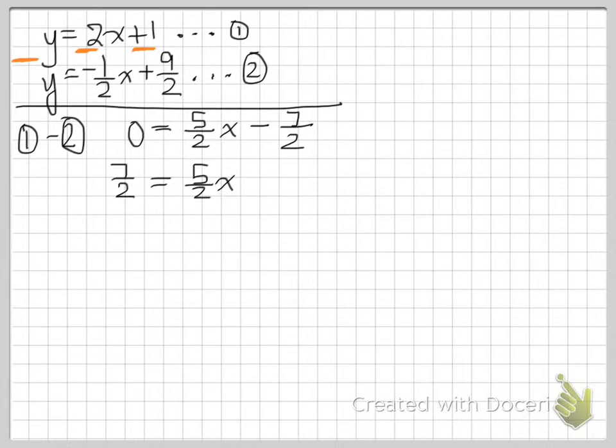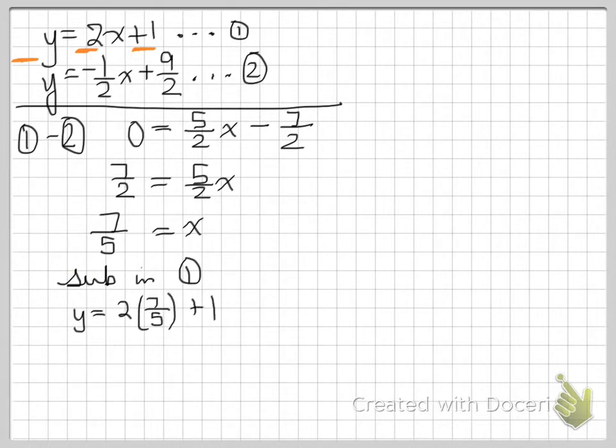Moved it to the other side, and we got x is equal to 7 over 5. So we got our x value. Plug it into either 1 or 2. Hint: use 1. And you find out that the y value is 19 over 5. These are the coordinates of the intersection point.